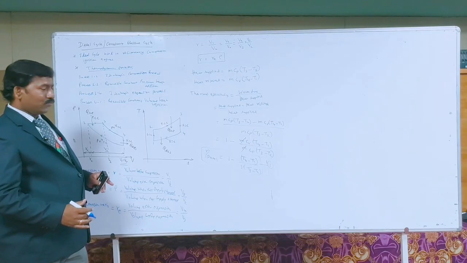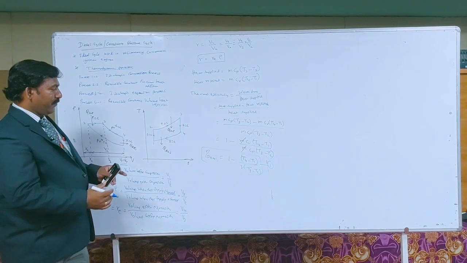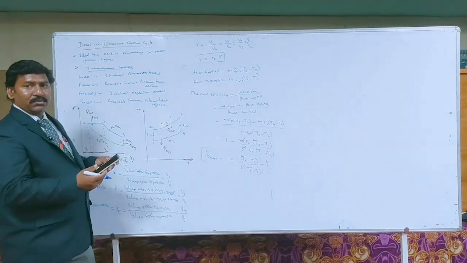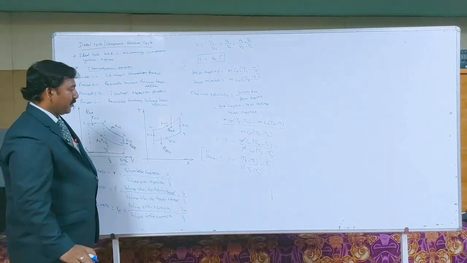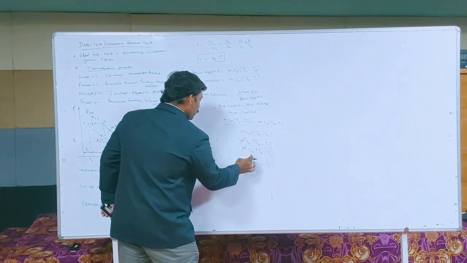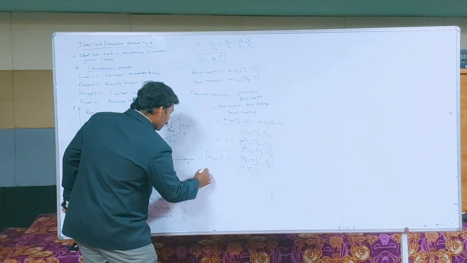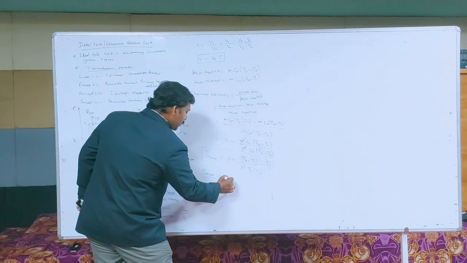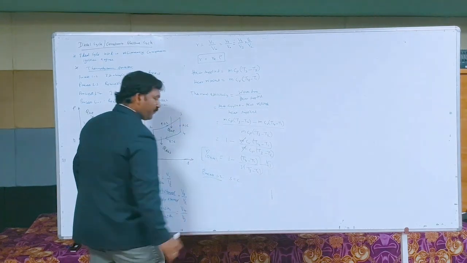And now we are going to develop the relationship between the temperatures T4, T3, T2 in terms of T1. So, let us take the process 1 to 2. The process 1 to 2 is an isentropic process.